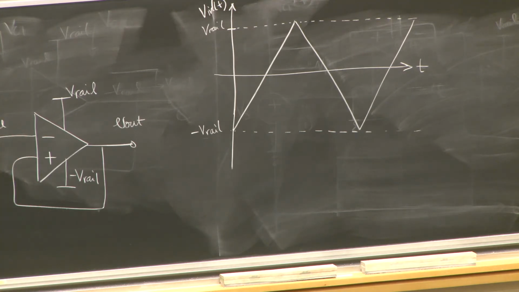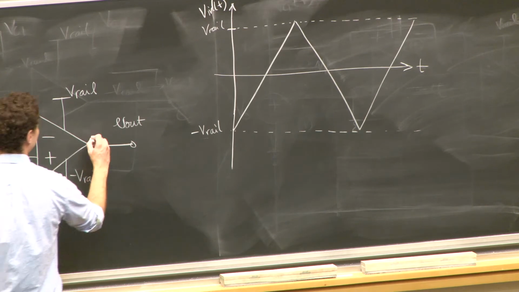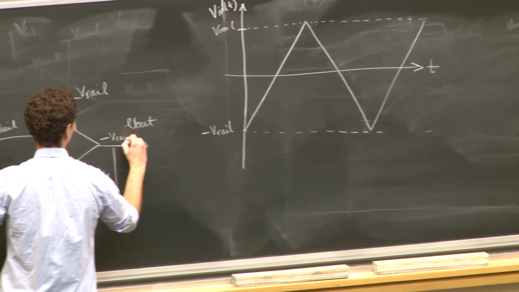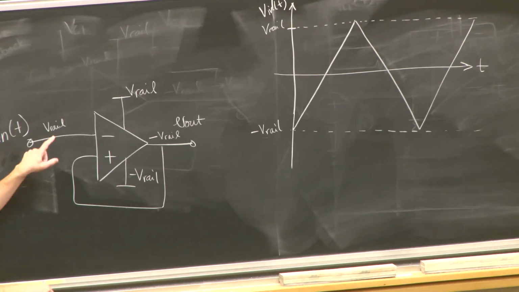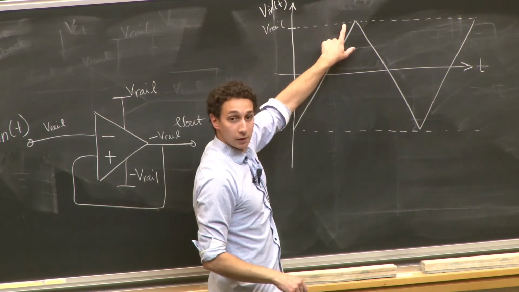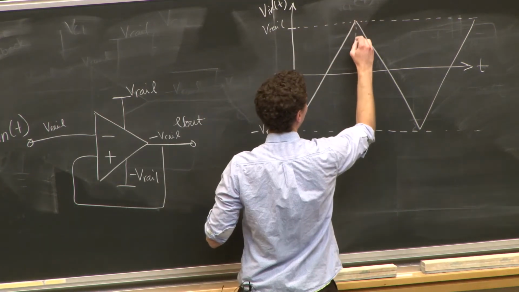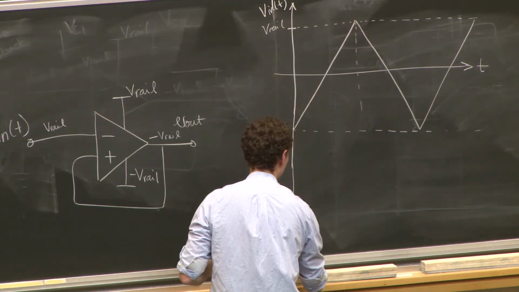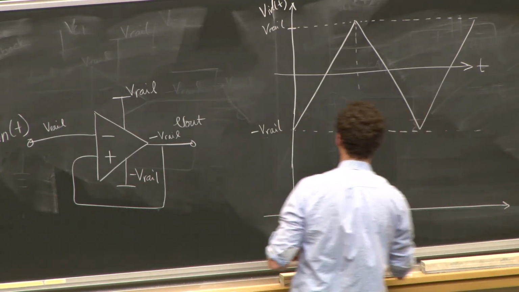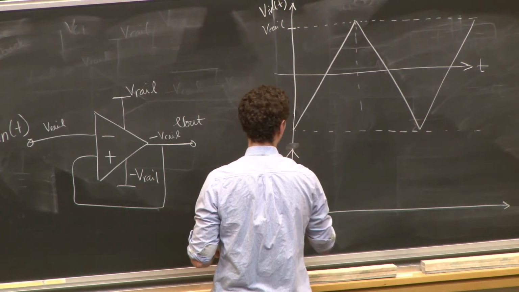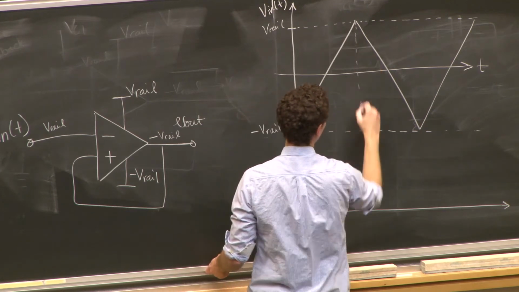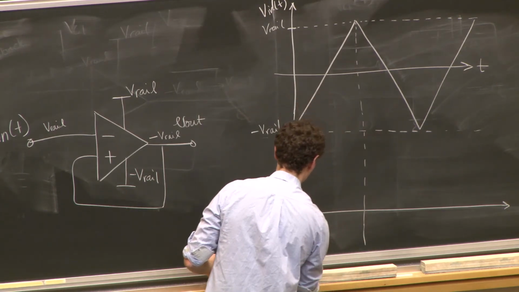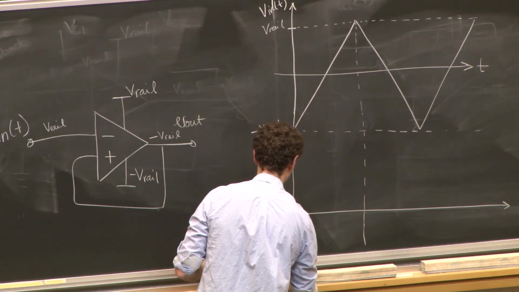we already know that the output is going to go to negative V rail, right? Which means that if we're up here, we know that the output voltage, and I'll draw that down here, is going to be negative V rail.